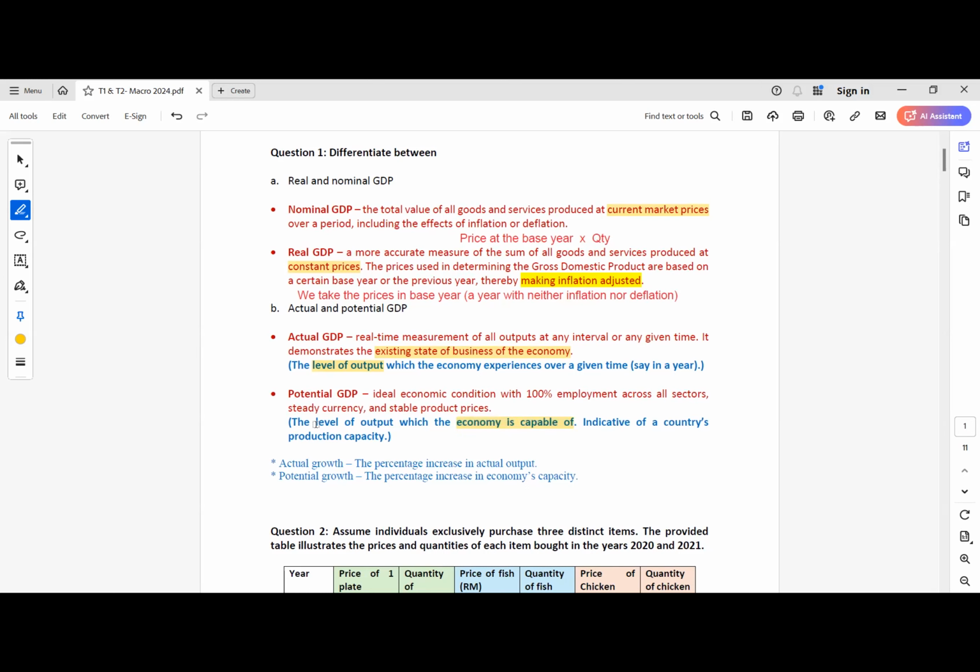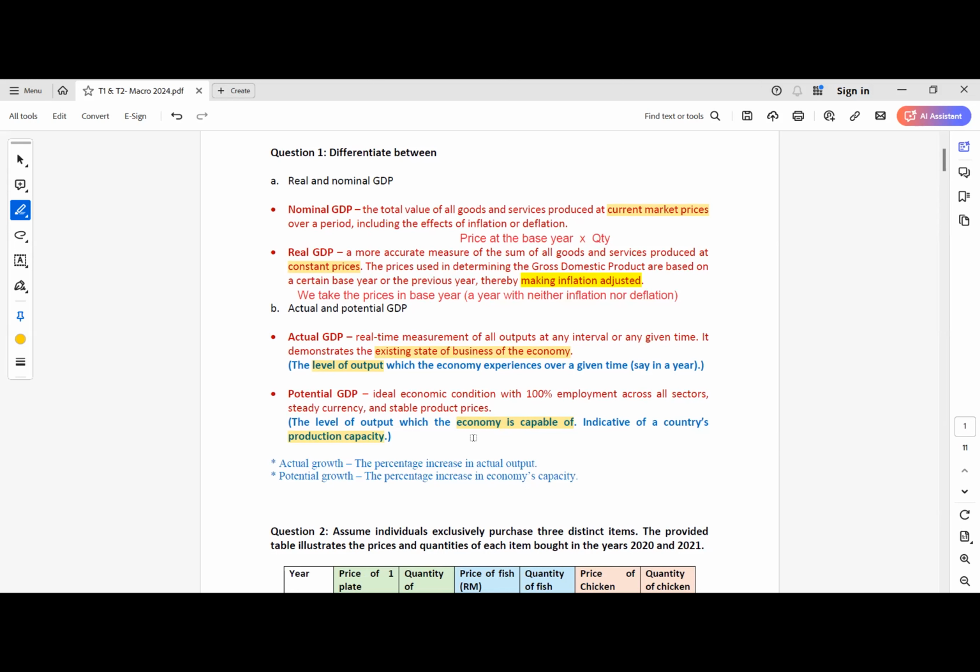That means it indicates the country's productive capacity. So actual GDP is what you are actually producing at. Potential GDP is your total productive capacity. You may be over your potential or below your potential. So potential GDP looks into the capacity or the capability of the economy itself.